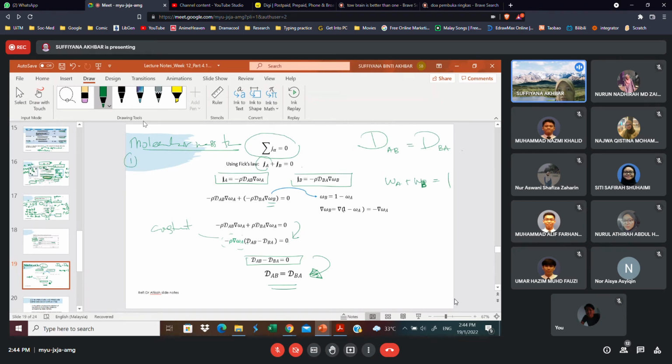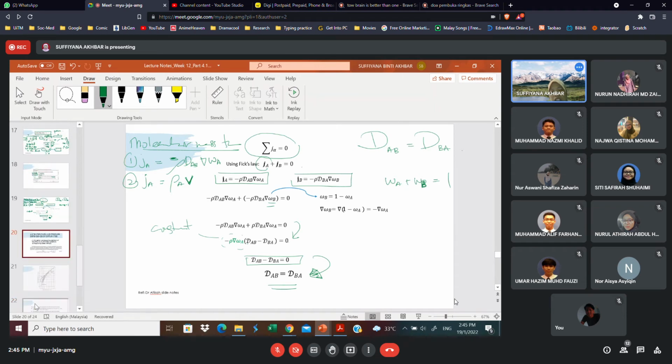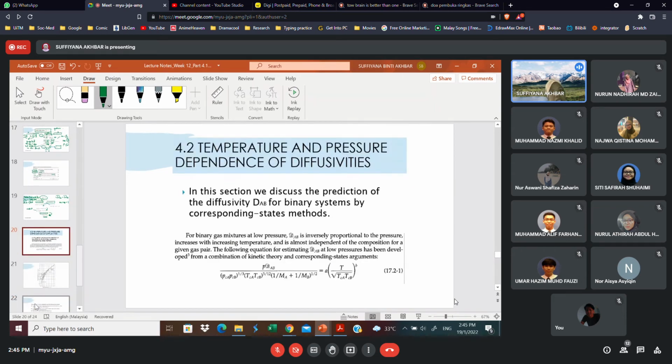By using the Fick's law, so for example, JA is equal to negative rho DAB gradient of omega A. Second, another expression kita boleh guna JA is equal to rho A V. Right, dua benda ni kena ingat lah. Jangan tak ingat pula.